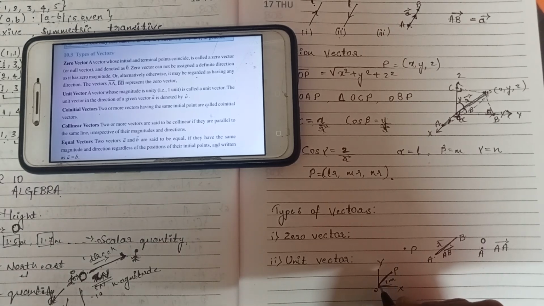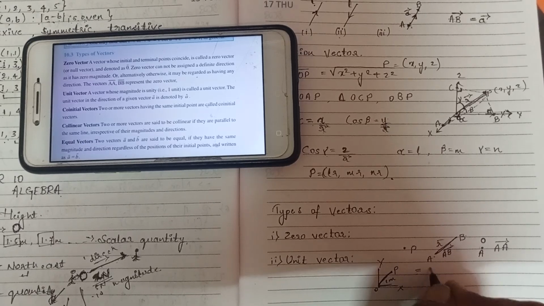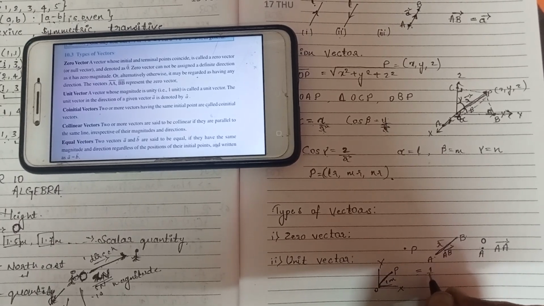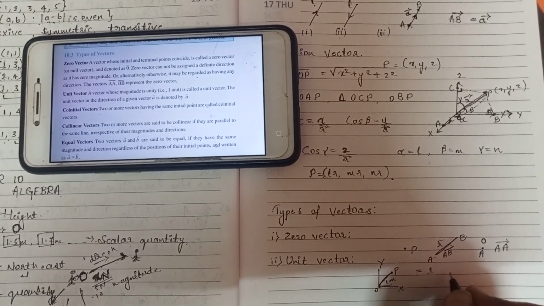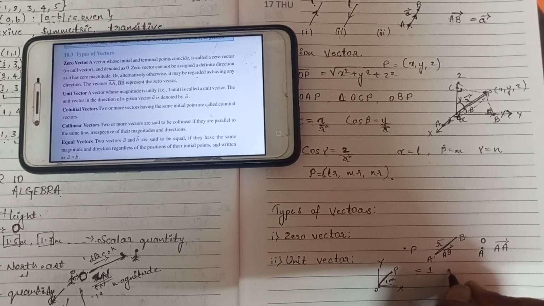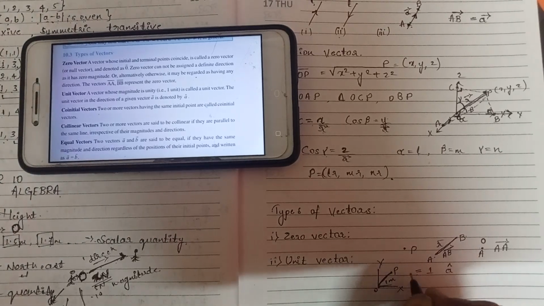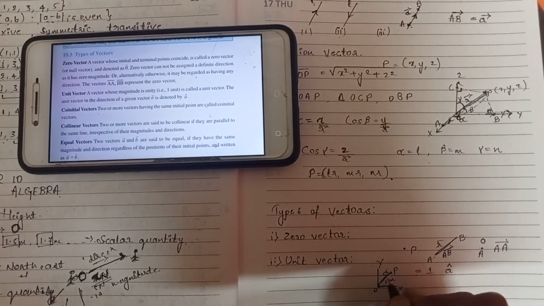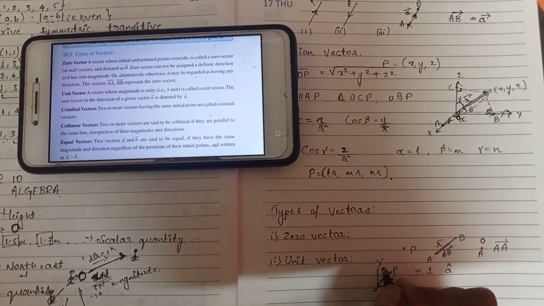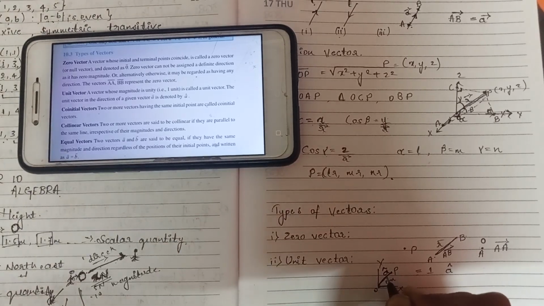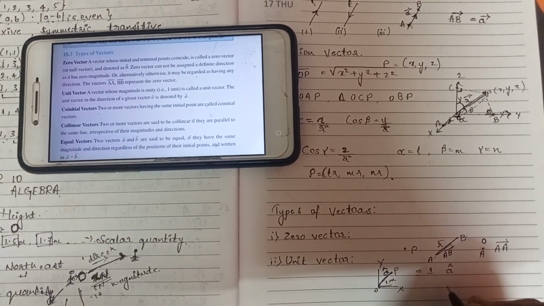So the quantity from O to P will be equal to 1. So this we call a unit vector, and we can define this vector like this. If the distance from O to P, if you take it as A, is a unit, that is equal to 1, then we have to represent it as a unit vector.